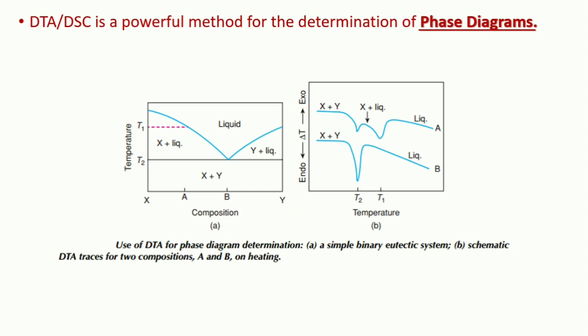If DTA traces for a range of mixtures between X and Y are compared, all should give an endotherm at T2, the magnitude of which depends on the degree of melting at T2 and hence on the closeness of the sample composition to the eutectic composition B. In addition, all compositions apart from B should give a broad endotherm at some temperature above T2 due to the completion of melting.